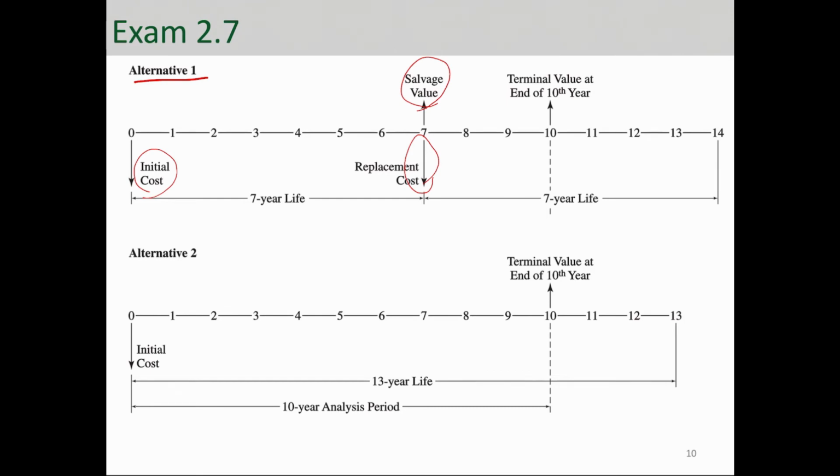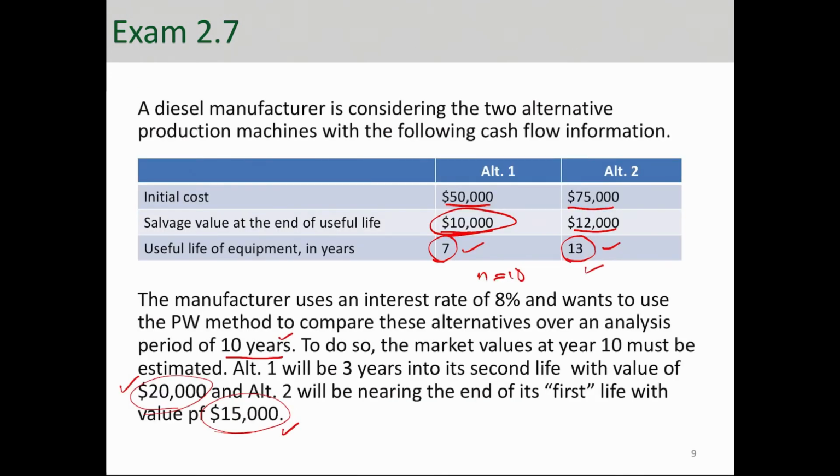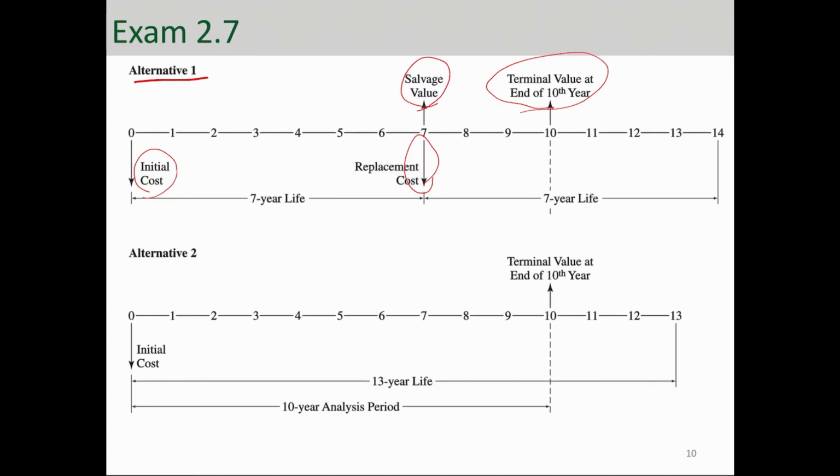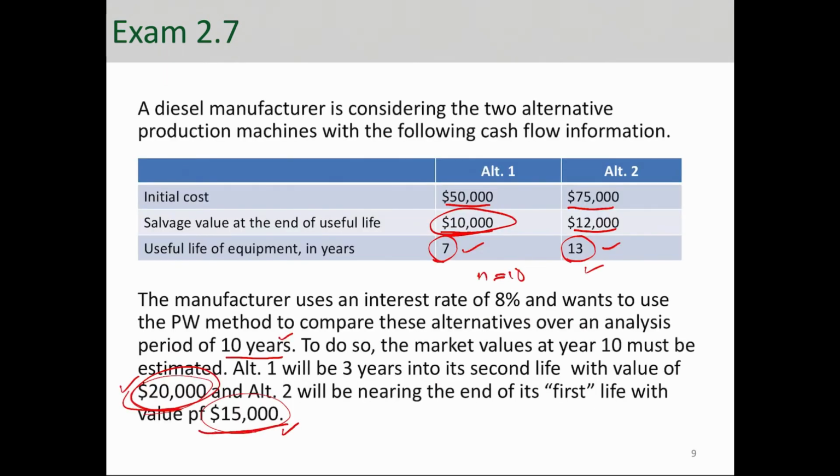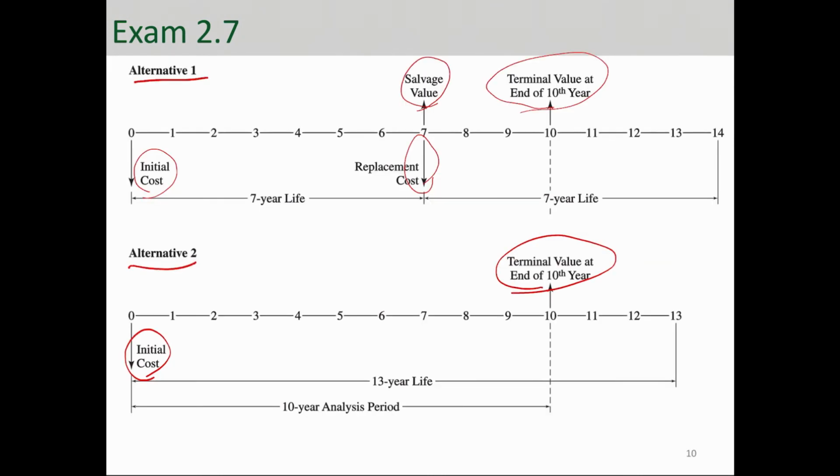And then you get to year 10, then you sell it for the terminal value that is estimated. And that terminal value is the $20,000. And after year 10, we don't even consider anything after that. For alternative 2, you make the purchase, and at the end of year 10, you have a terminal value, and that is $15,000. So that's a little easier cash flow here.